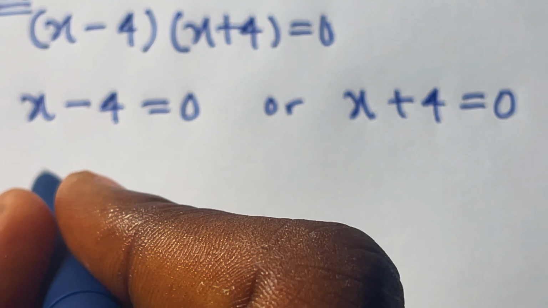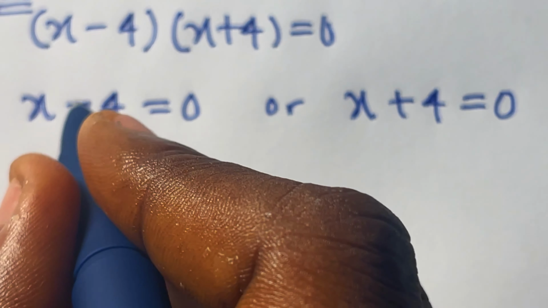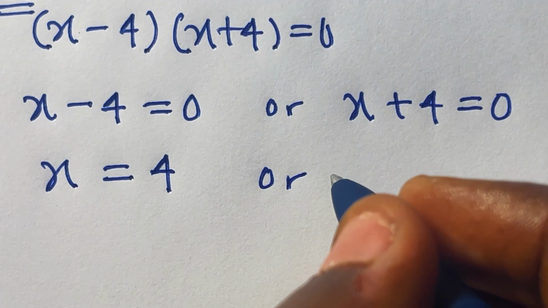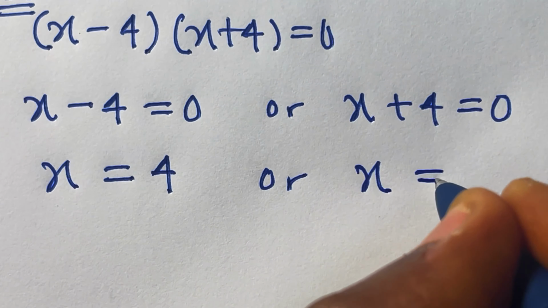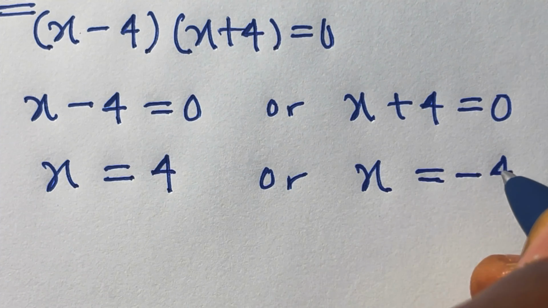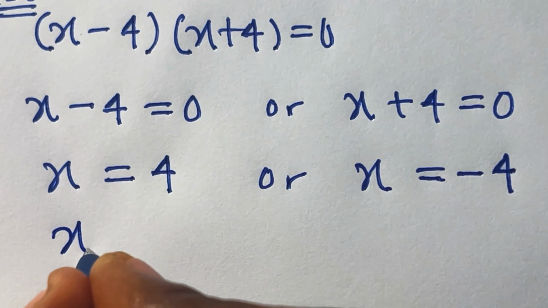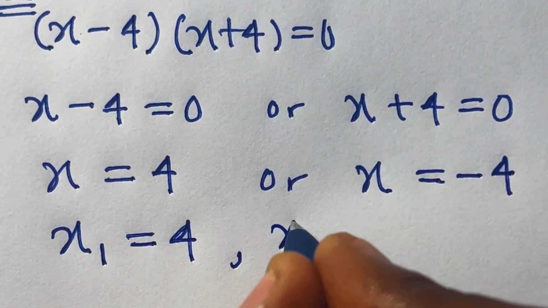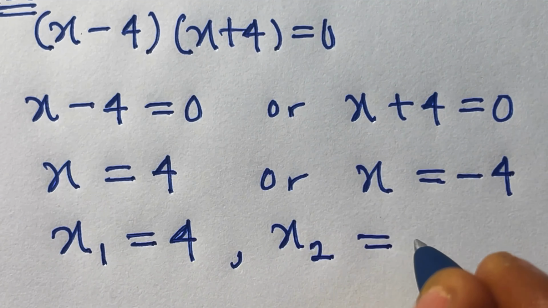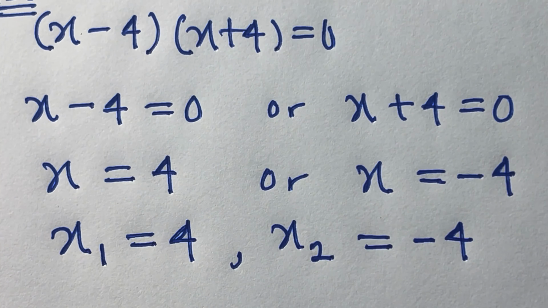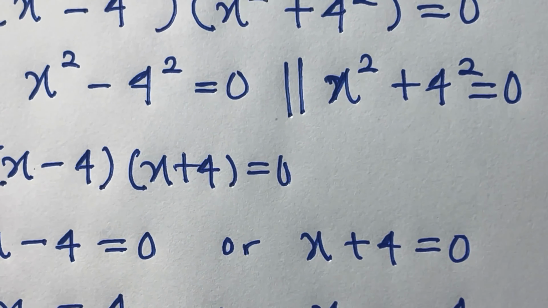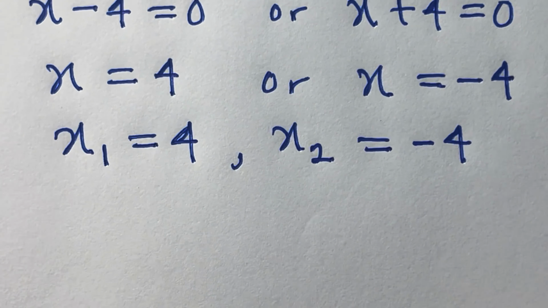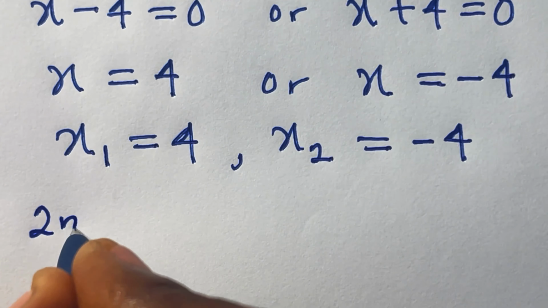So here we have the solution: transfer this here, we have x equals 4 or x equals minus 4. So from here we can see x1 equals 4 and x2 equals minus 4. And the second case we have is x squared plus 4 squared equals 0.